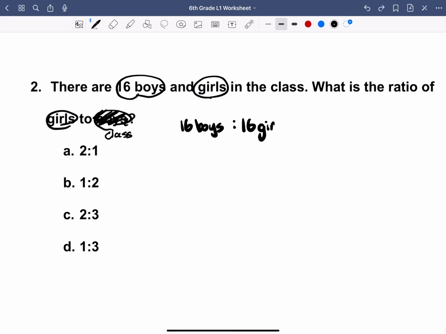If we have 16 boys and 16 girls and what's the ratio of girls to boys, then we will still have 1 and 1. However, if you look in the answer choices here, there is no 1 and 1. So I think it would be better to just cross it off and put class.